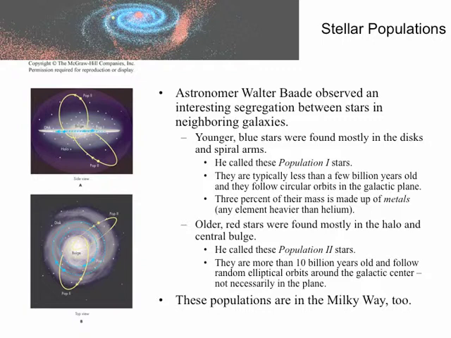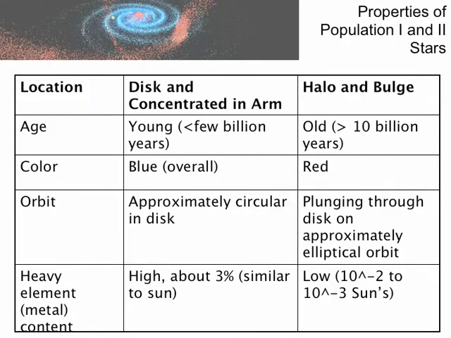You need a younger generation where there are heavier elements that can condense into planets like the Earth. So this chart just summarizes a little bit about the two different populations in the Milky Way and where they're located.